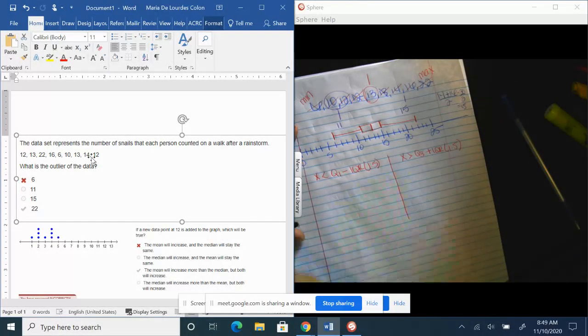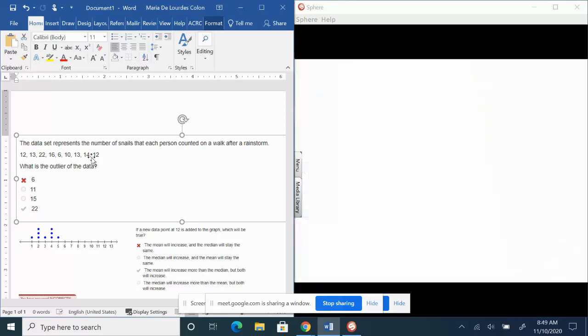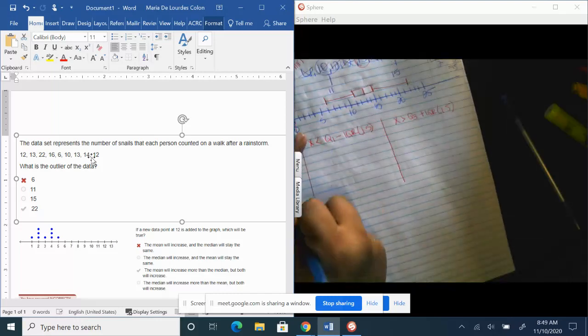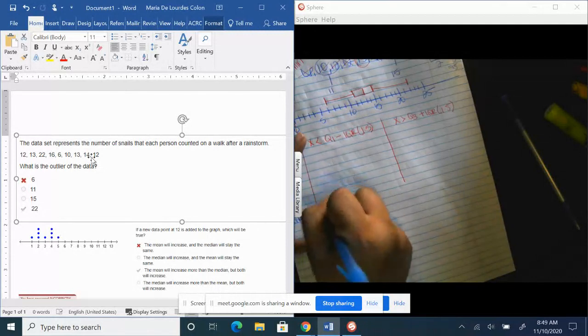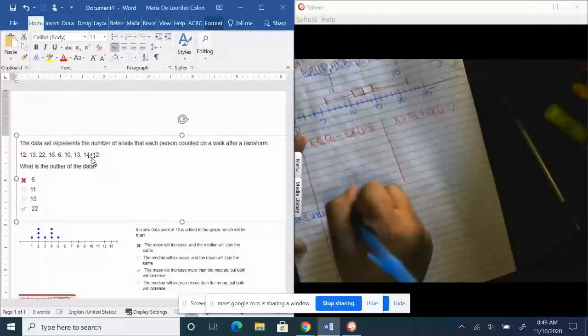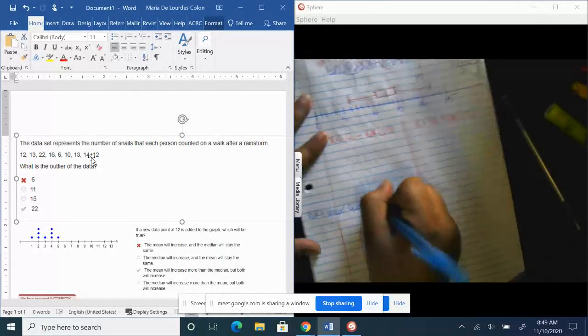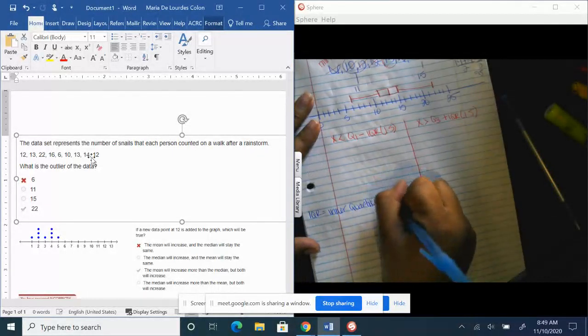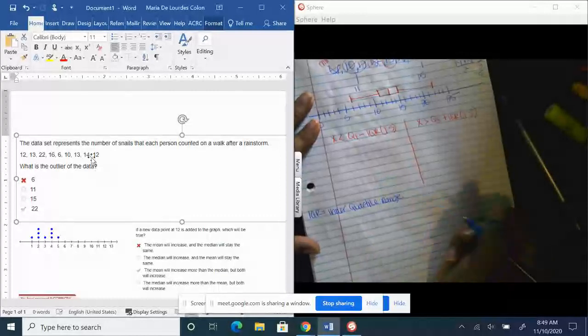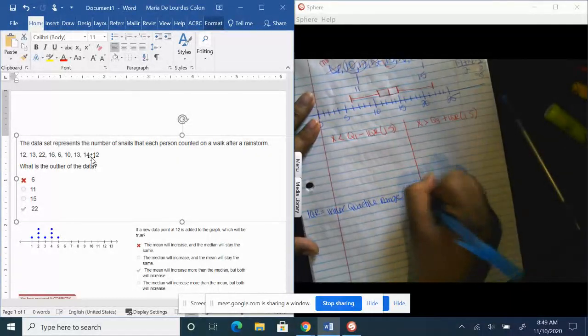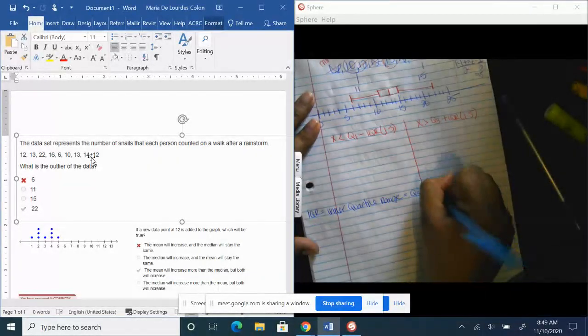So now the interquartile range, remember that IQR is equal to the interquartile range. How do we find that range? So for that range, it's Q3 minus Q1.